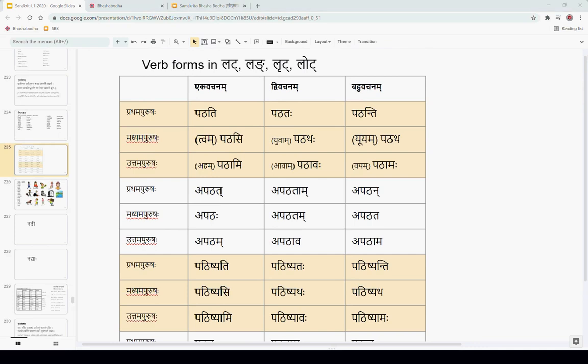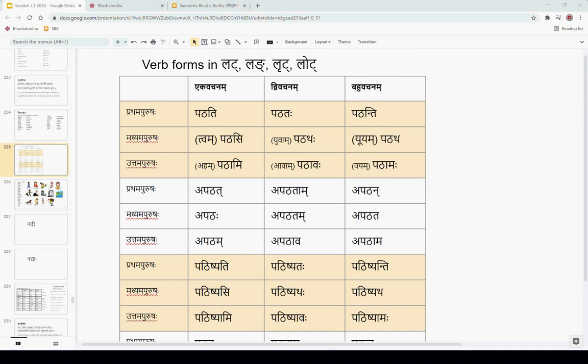I will start calling it kartrupadam. Kartrupadam means the doer word, the subject word in a sentence. So when we say Saha karoti, Saha is the doer. Saha is the kartrupadam, or the subject of the kriya, who is doing the action.